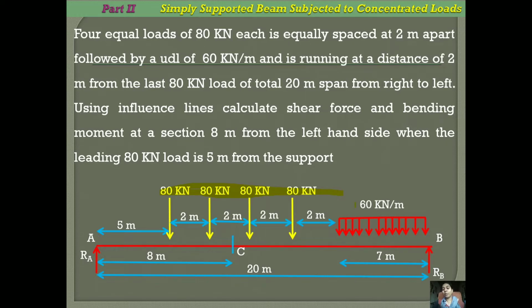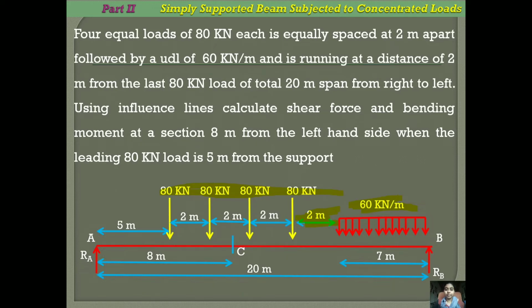From the last 80 kilonewton load, at a distance of 2 meters, the 60 kilonewton per meter UDL starts.